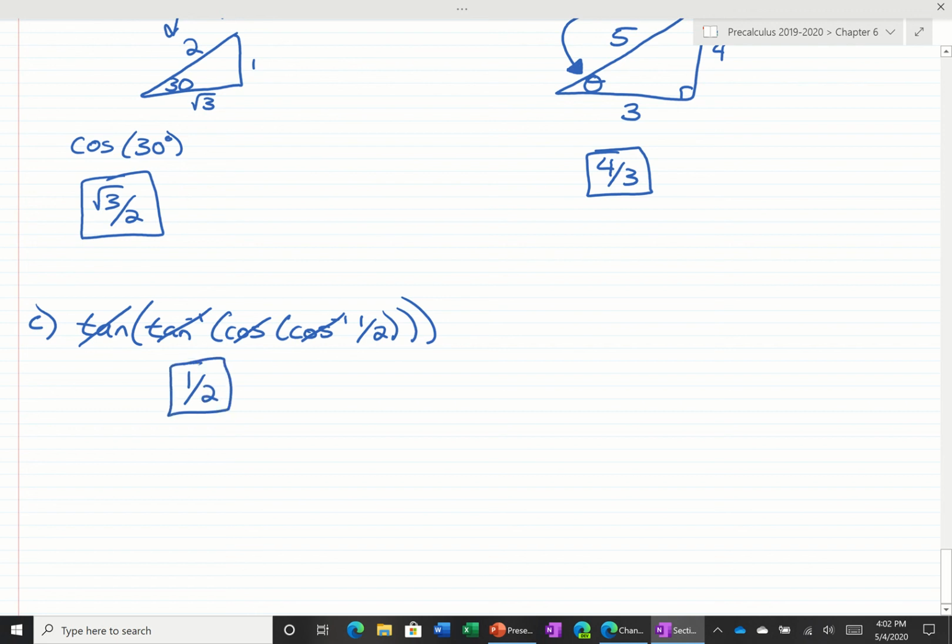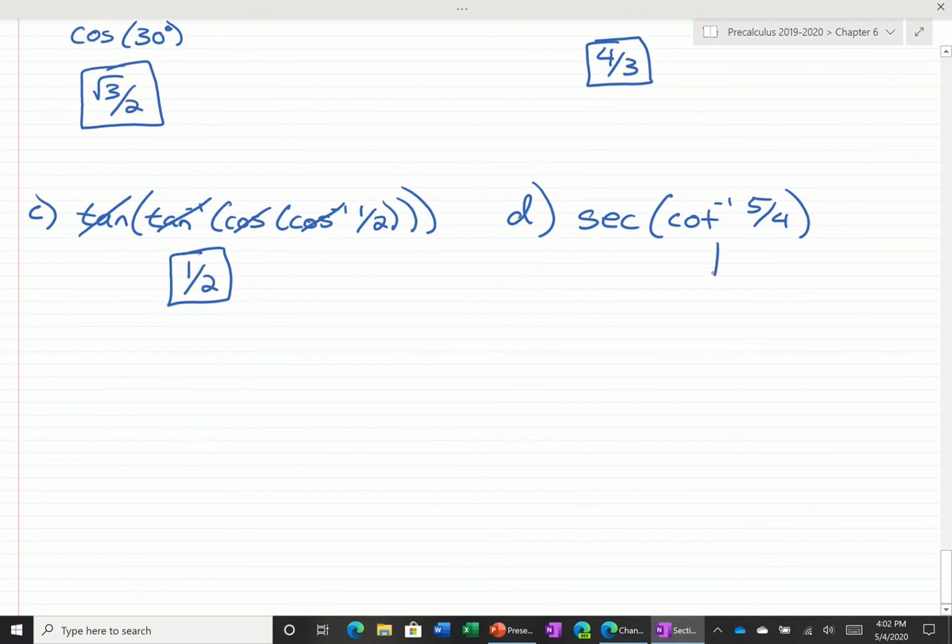All right, we'll do one more. What if I asked you for the secant of the inverse cotangent of 5/4, something like that? Okay, well, remember, this is going to give us our triangle. This is our angle right here. The inverse cotangent gives us that angle. Cotangent would be adjacent over opposite.